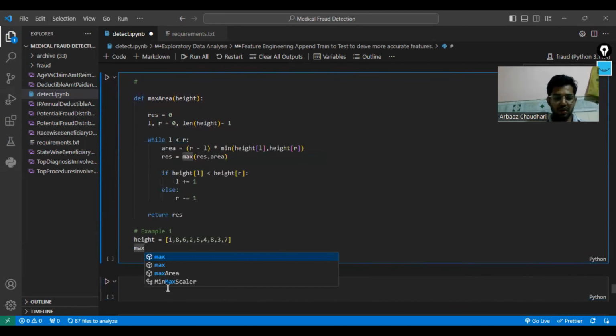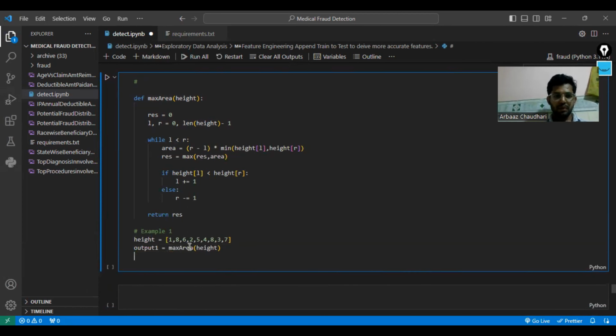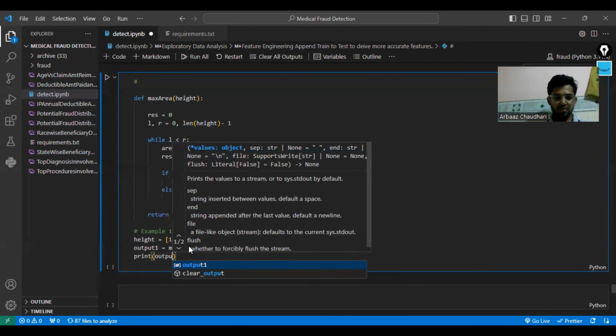Let's call our function, define the function, pass height in that, store it in our variable output 1, and let's print output 1.